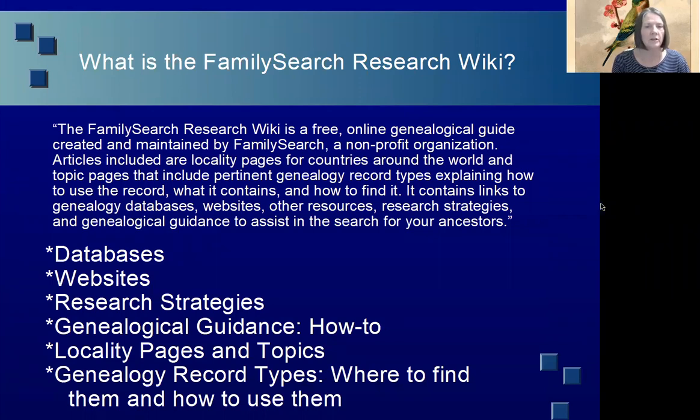It's a genealogical guide to find articles about localities for countries around the world and about topics that include genealogy subjects or record types, how to use records, what records are available online or on FamilySearch, and so on. It has links all over the internet to databases, websites, resources, research strategies, and genealogical guidance. So you can see this little list of all the things that are available on the wiki.